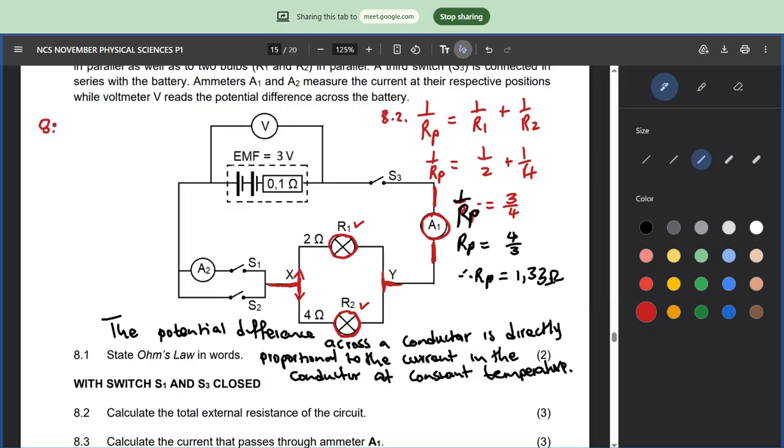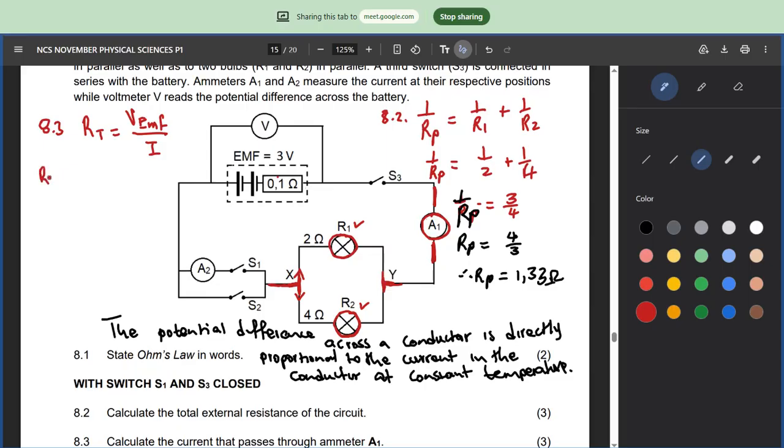For 8.3, Ohm's law says that the R total is equal to the EMF voltage divided by your I, which is what we are looking for. So the RP is what we just calculated. No, it's not what we calculated for the total current, meaning that we need to, I'm sorry, the total resistance.